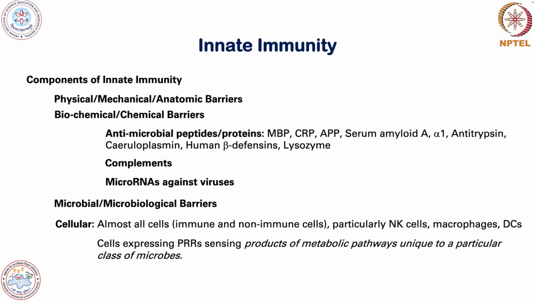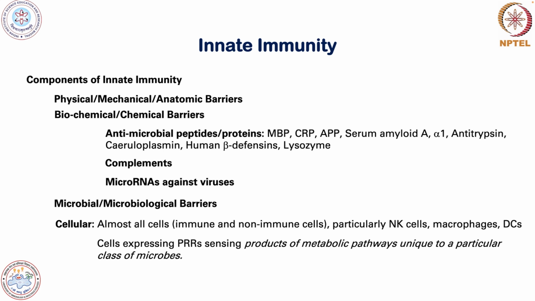This pattern recognition receptor senses the products of the metabolic pathways of the microbe, and then induces some kind of signaling. The result of this signaling will be production of inflammatory cytokines, type 1 or type 3 interferons, and so on. We will discuss this in great detail.